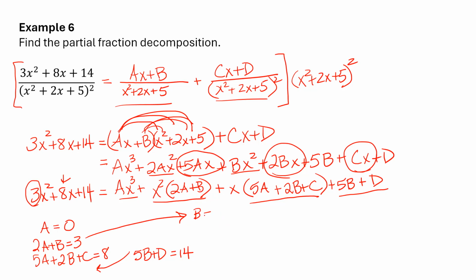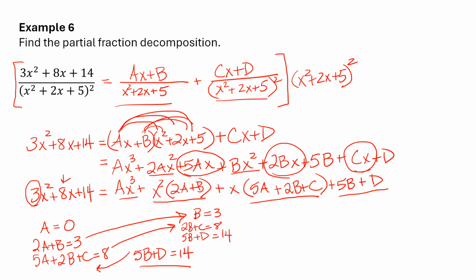So b is 3. And then for this equation, if I plug in that 0 for a, I just end up with 2b plus c. So 2b plus c is 8. And then for this equation, I've got 5b plus d. So 5b plus d is equal to 14.